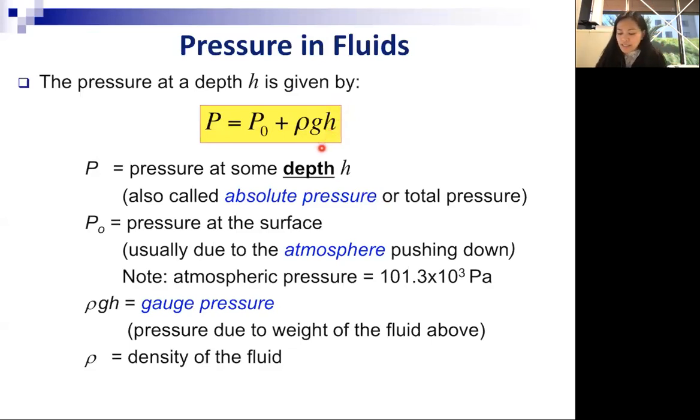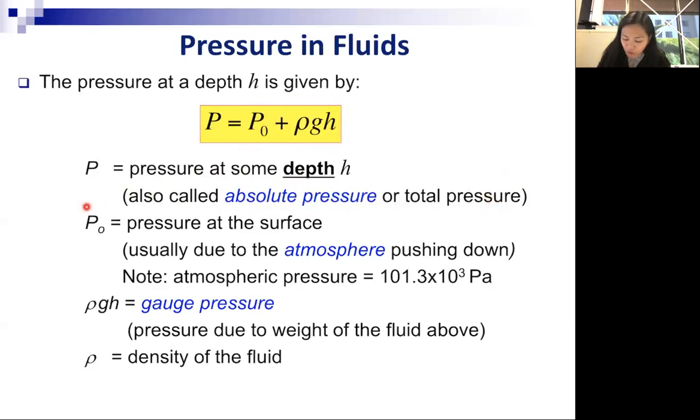So let's dissect this equation for a bit. P here is the total pressure, also called absolute pressure. If you do a Google search or check the textbooks, they sometimes call this absolute pressure, but absolute pressure just means total pressure. It takes into account the pressure of the atmosphere.